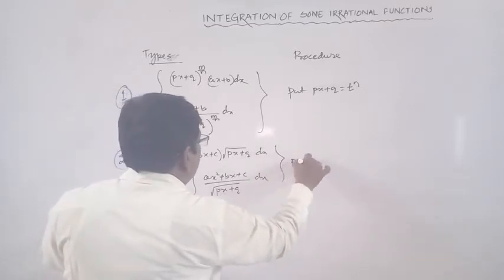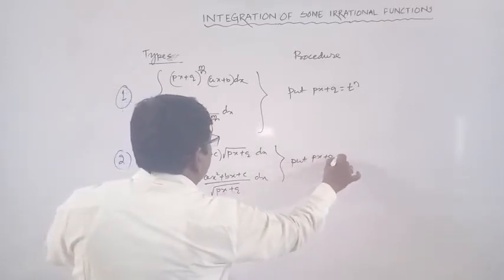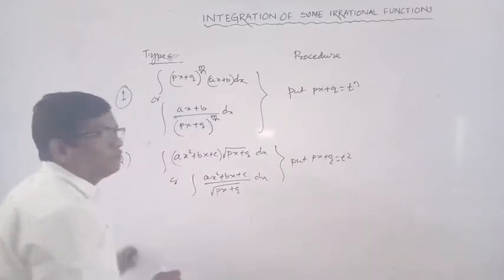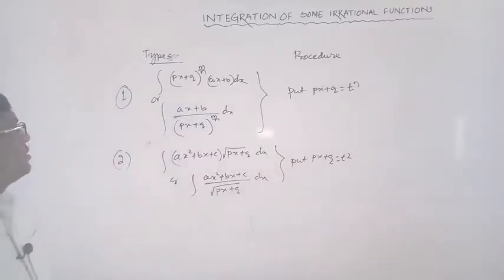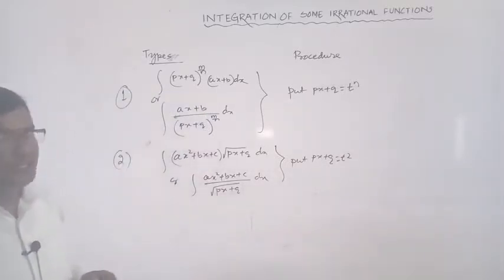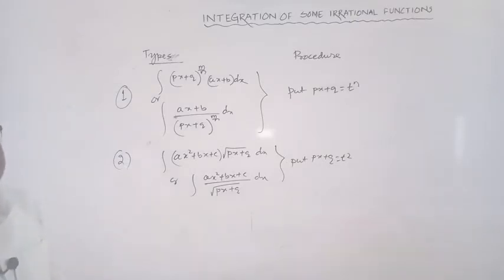Put px plus q is equal to t square. Now let's discuss problems based on type 1 and type 2.